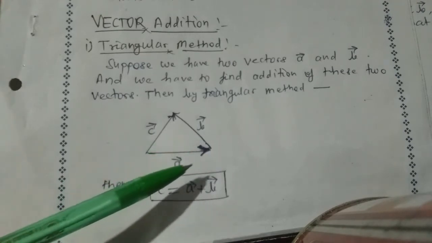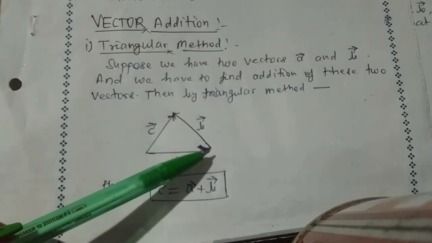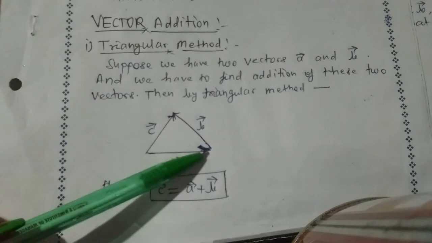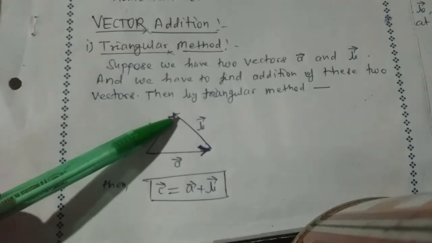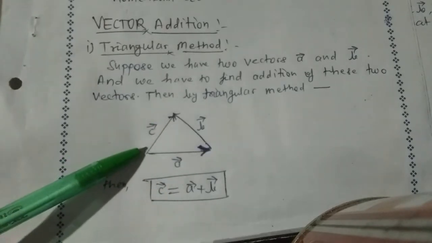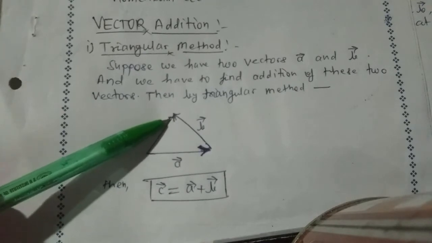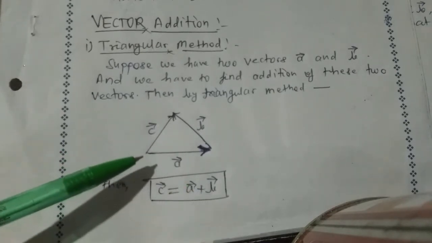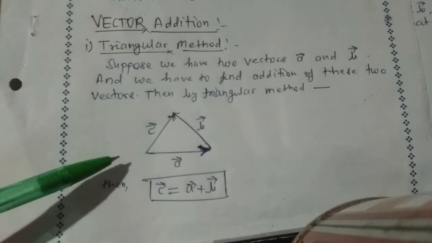This is the head of vector A and this is the tail of vector B. If we draw a vector C pointing towards the head of B, then C is equal to A plus B. That is the triangular method of vector addition.